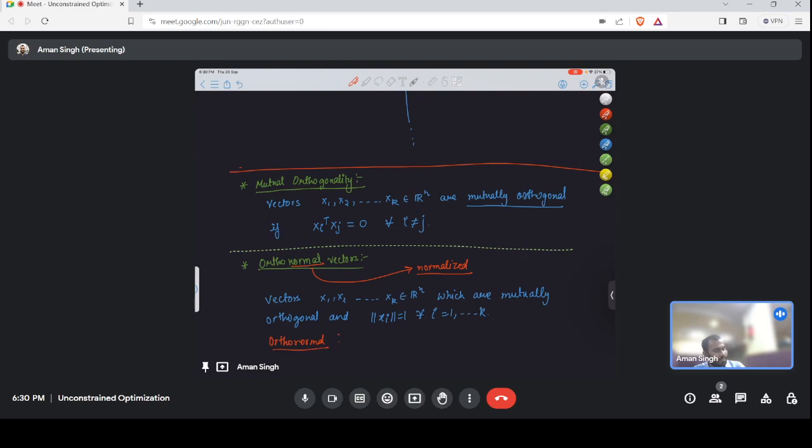That is, each vector has some direction and its magnitude has been normalized. Okay, that's what this means.